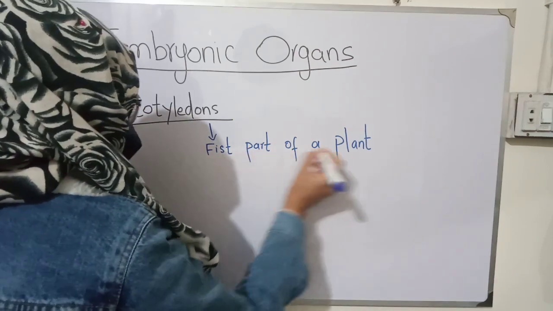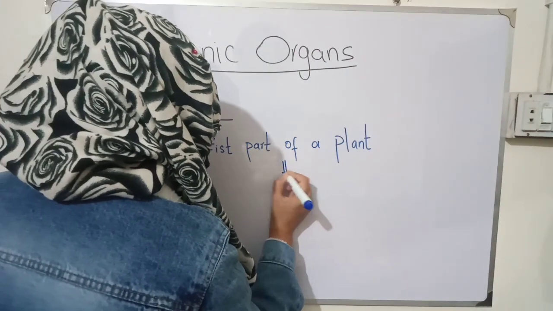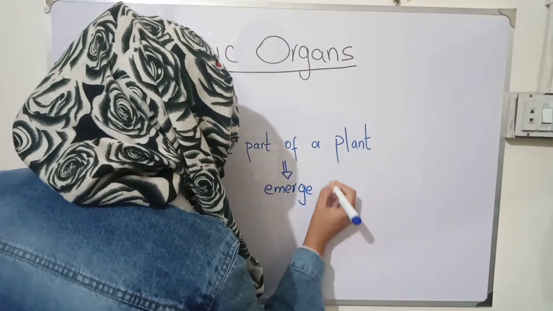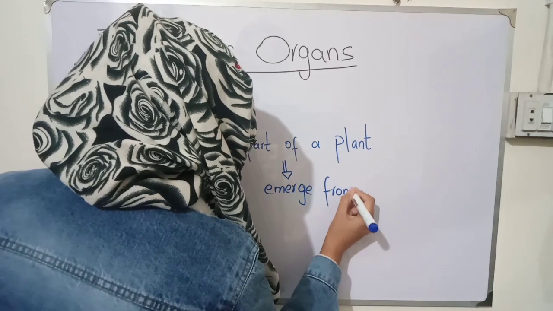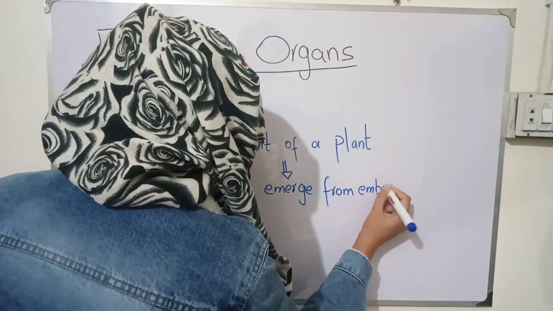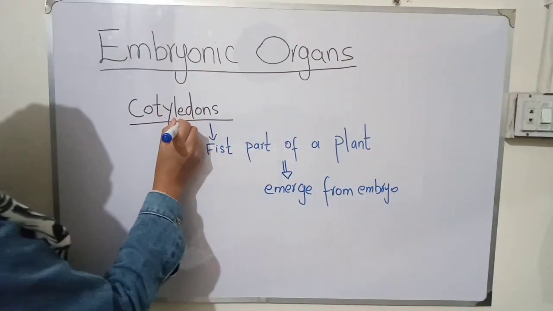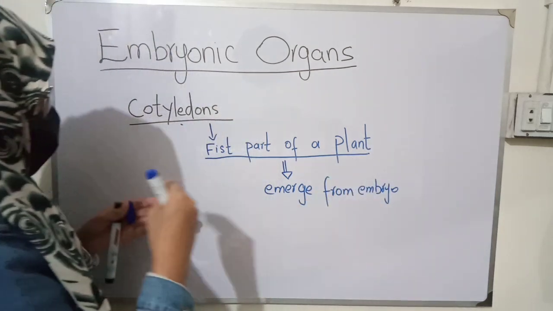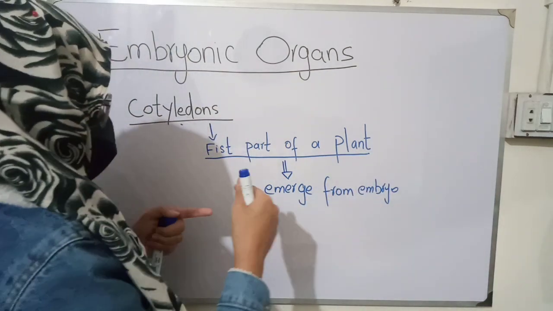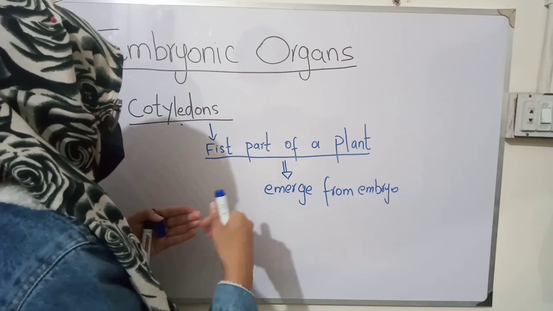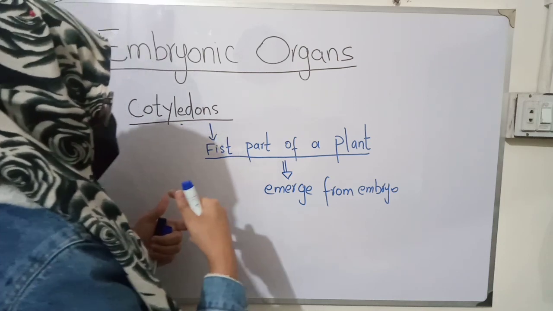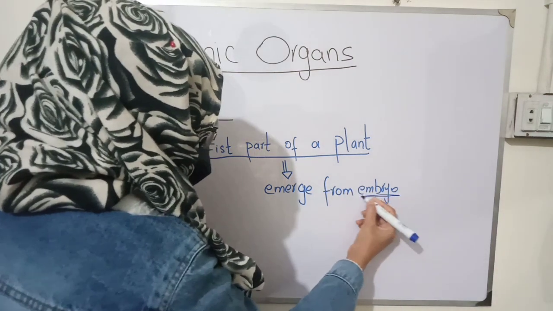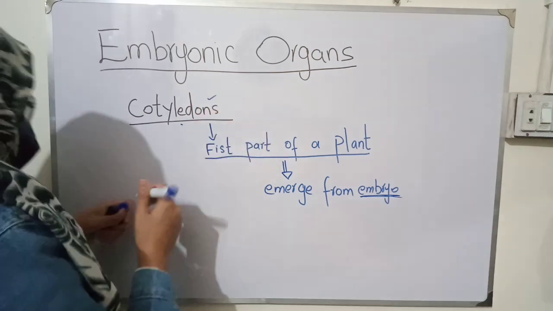The first part of the plant that emerges from the embryo is the cotyledon.